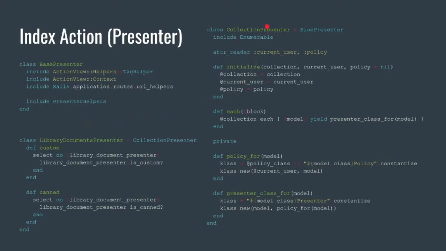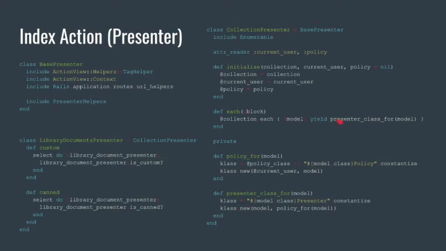This is the example for the collection presenter, and all it does is it's an enumerable, so I'm defining how to iterate over each one, and then this started to get a little challenging. If you have a collection of Active Record models and you really want to truly shield your view layer from your domain layer, from your models, your entities, whatever you want to call them, then if you're looping over a collection, you need to instantiate the presenter for each one of those.